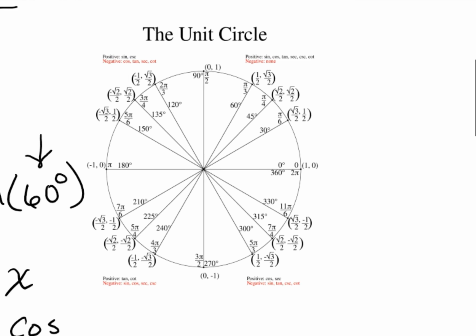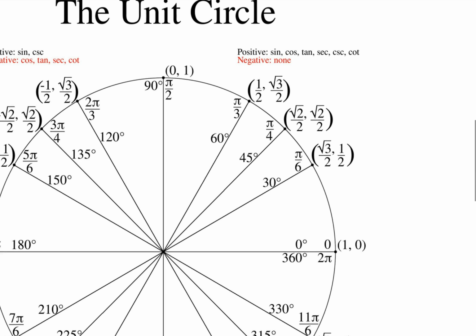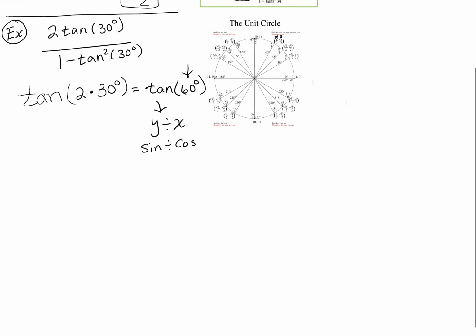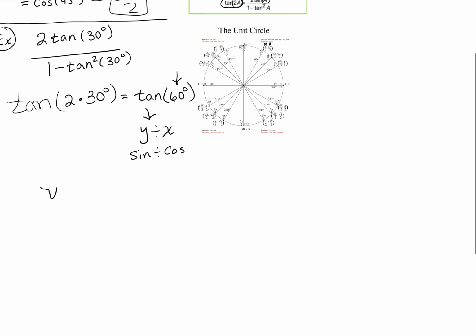So let's take a look. 60 degrees, here is my y, here is my x. All right, so I have the square root of 3 over 2 divided by 1/2.